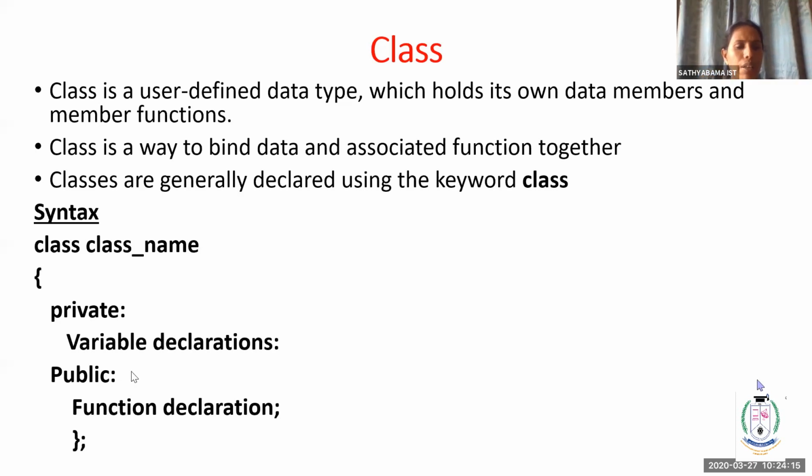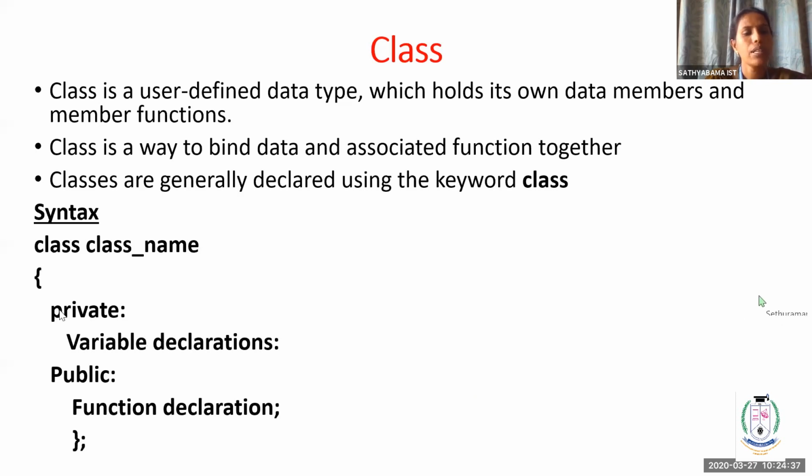So when you see the syntax of the class, we specify class as a keyword and the class name, which is a user-defined name. Here we have the attribute declaration as well as the function declaration. The attribute declaration comes here.